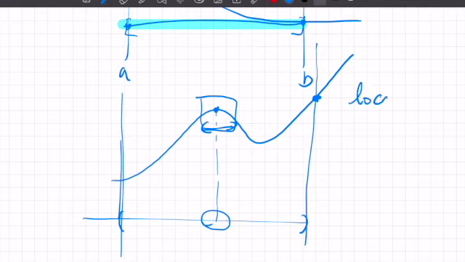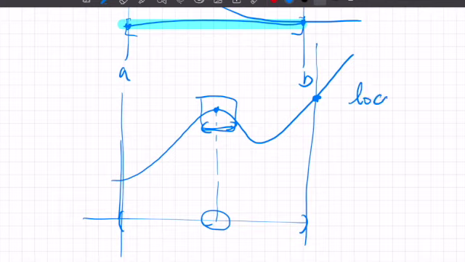This means that there exists a positive real number delta such that for all x within this open interval from a minus delta to a plus delta, x not equal to a implies f of x is greater than f of a. So this is the defining condition for a local minimum value.